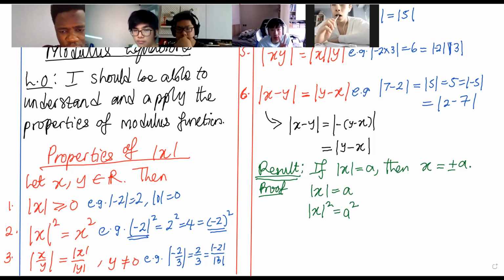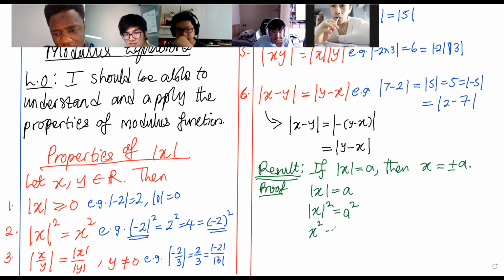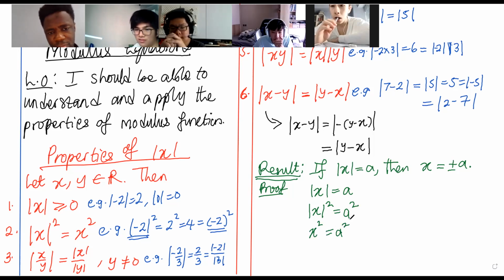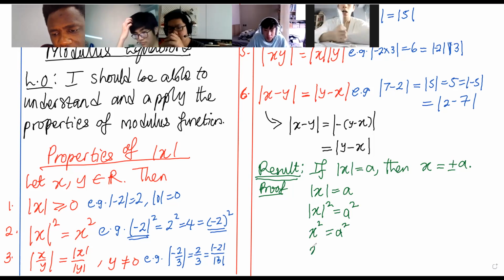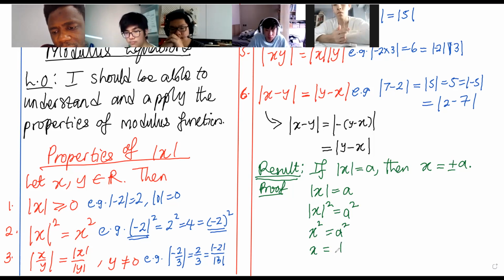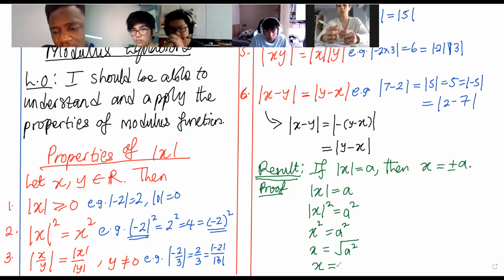And by property 2, the left-hand side will be what? X squared. Why this remains a squared. Understand? By property 2. Then we can take the square root. And that is how it becomes plus or minus a.